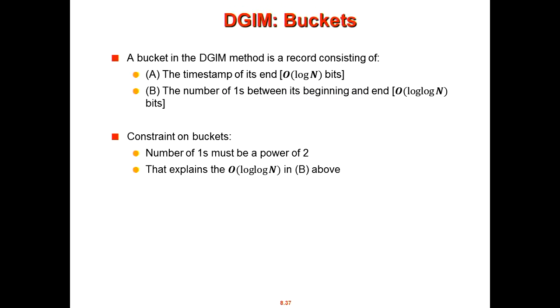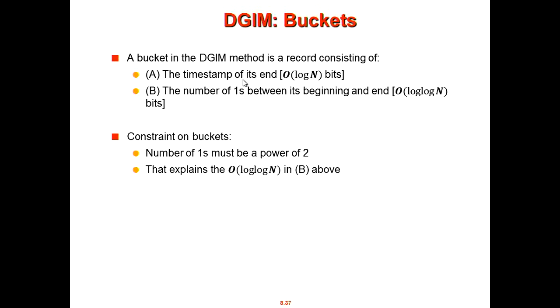So this bucket is a record consisting of a time step of its end. This represents where it ends. Its starting point is also fine, but the end makes it easier to determine whether it is out of the window range.